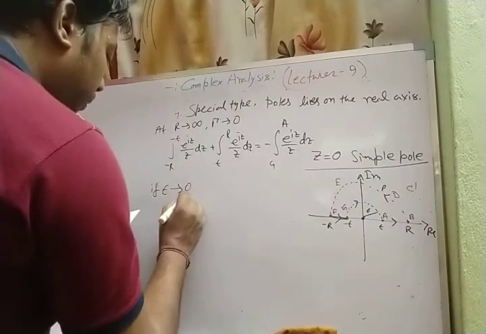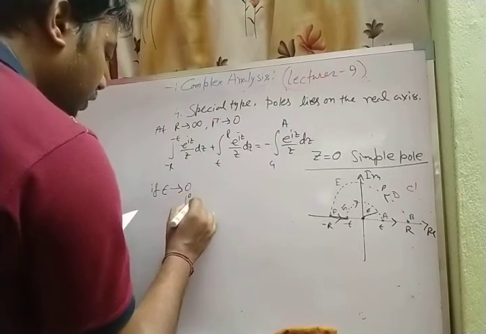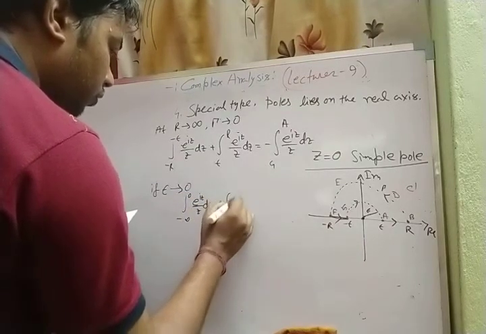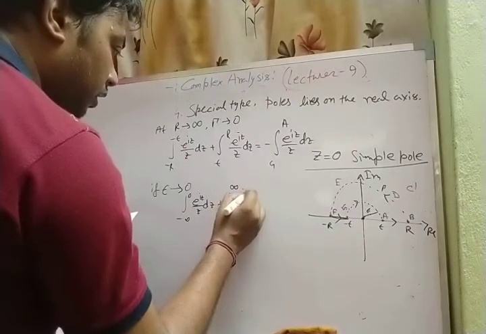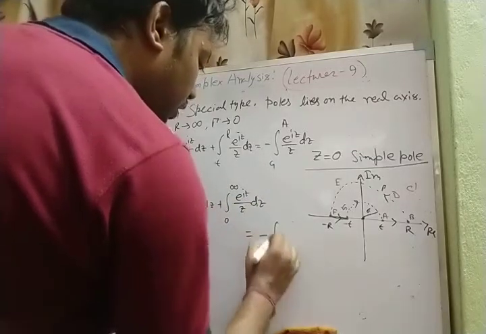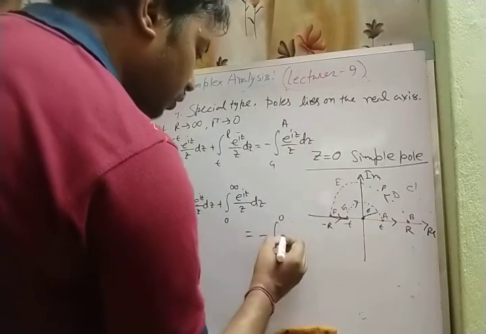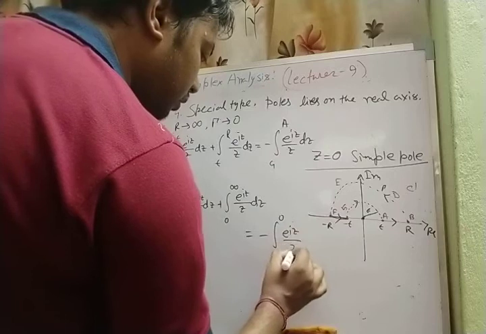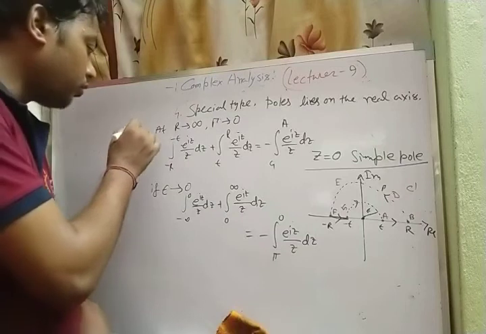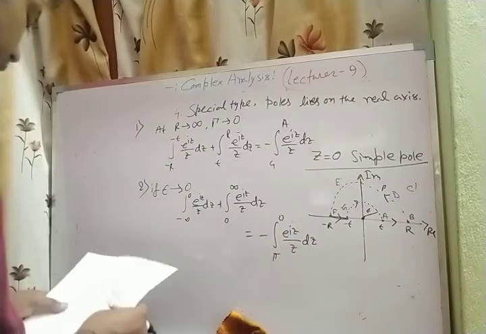So this above integration can be written as the integral from minus infinity to 0 of e to the power iz by z dz, plus the integral from 0 to infinity of e to the power iz by z dz, is equal to minus the integral from pi to 0 of e to the power iz by z dz. So by putting condition 1 and condition 2, we are getting this.